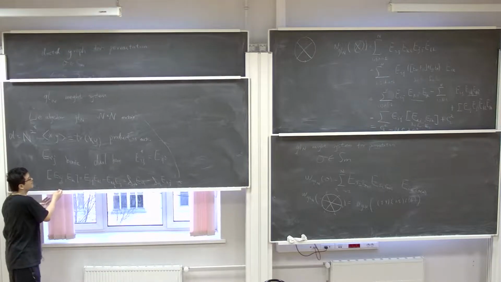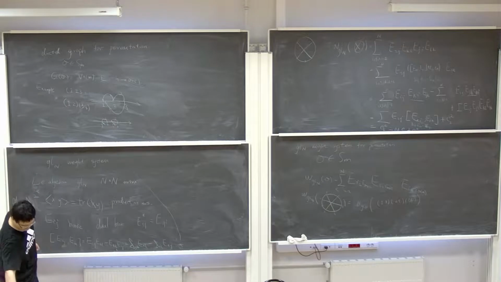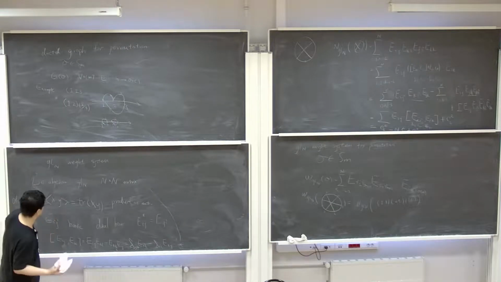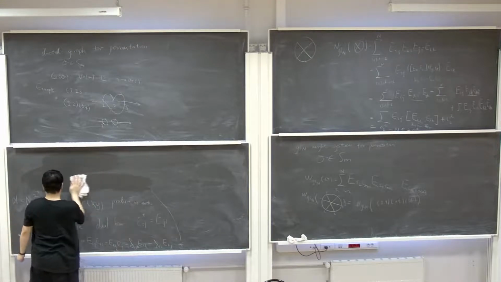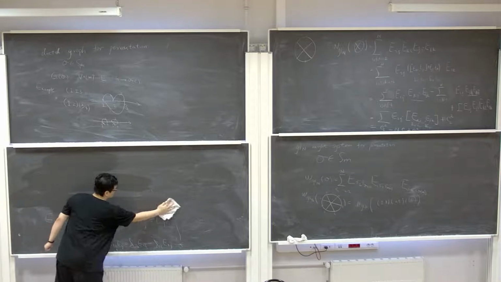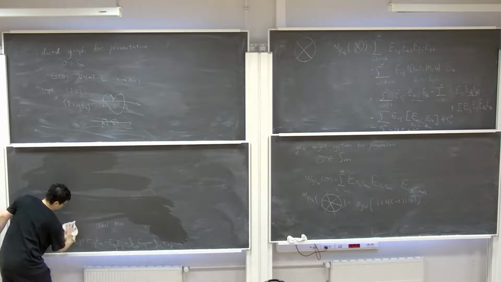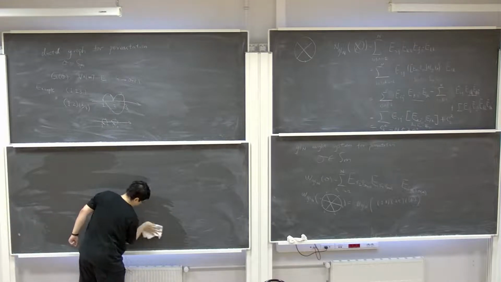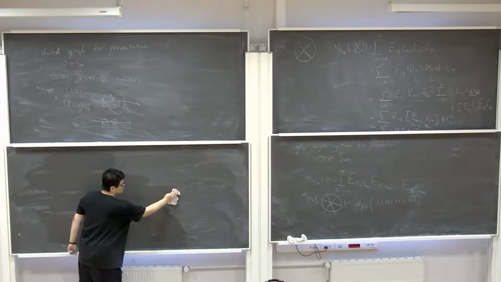I'm sorry, I still have a question about the previous. Can M be bigger than capital N? It can be bigger, smaller, or equal. It does not matter. Then if it's bigger, what does it mean? Say, if you're in GL2, what does it mean?